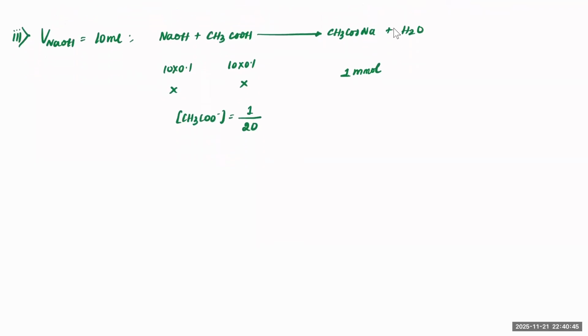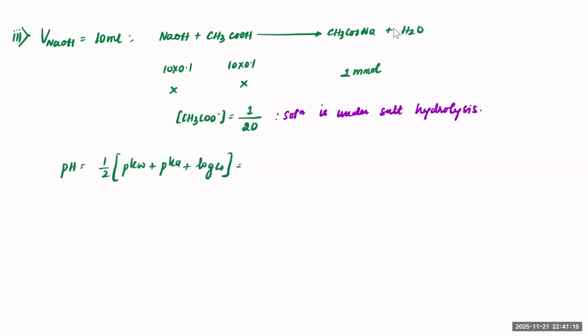Now how do we calculate the pH? Because the solution is undergoing salt hydrolysis. Now what is the formula for salt hydrolysis? pH is equal to half of pKw plus pKa plus log of C naught. So that is equal to half of pKw, which is 14, plus pKa value, which is 5, plus log of 1 by 20.